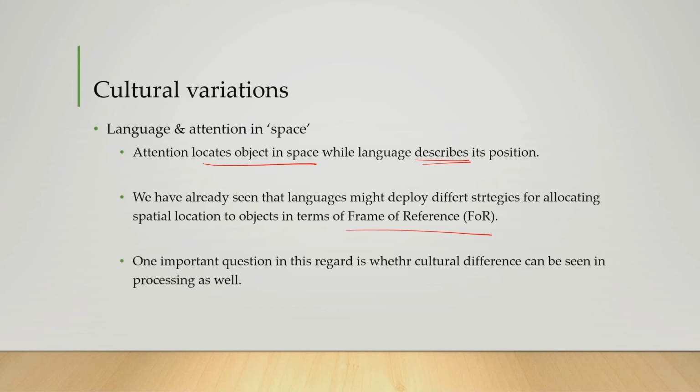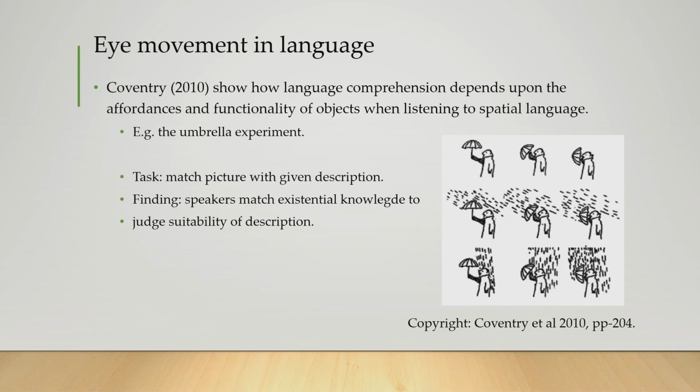But the important question here is whether cultural differences can be seen in processing as well. Fine, there are differences in linguistic terms, but does it mean that when it comes to processing, attention allocation will also be different? There have been some interesting studies, but it is an emerging area again with respect to experimental work.